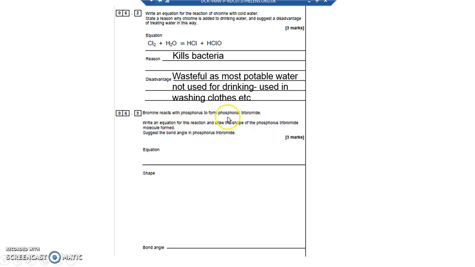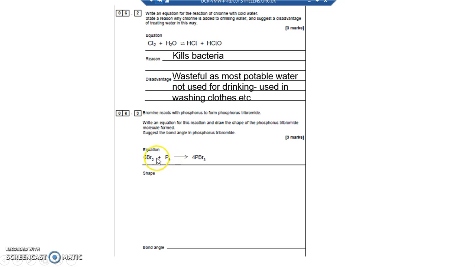Bromine reacts with phosphorus to form phosphorus tribromide. Write an equation for this reaction. So we've got Br2 and P4. Phosphorus forms P4, so don't write just phosphorus on its own. Always put P4. It forms a molecule, molecular P4, 4 phosphorus atoms bonded together.